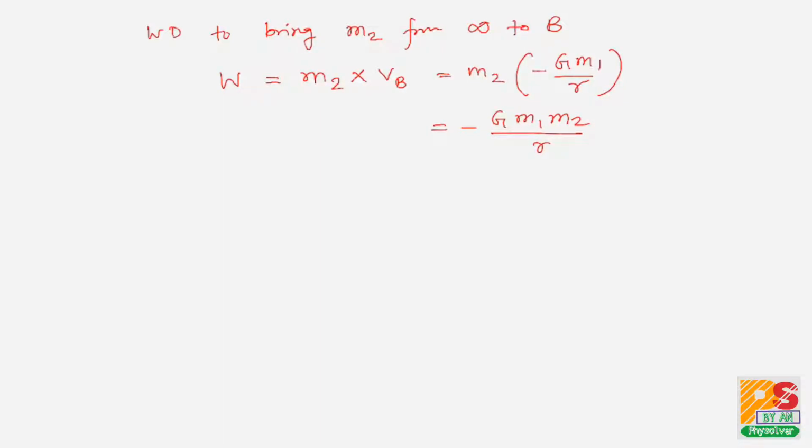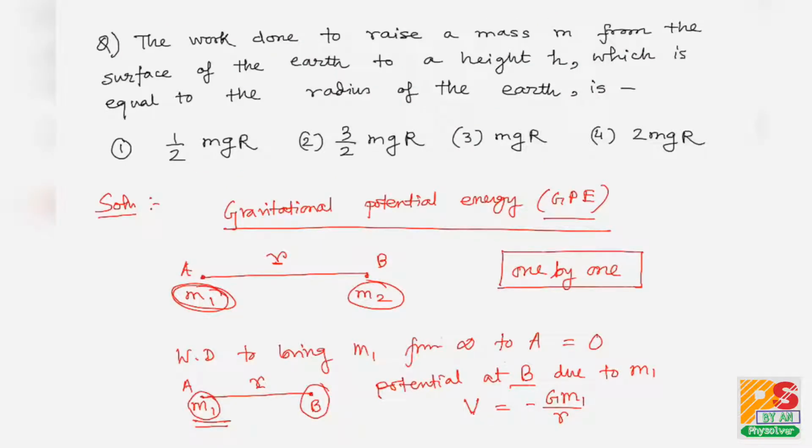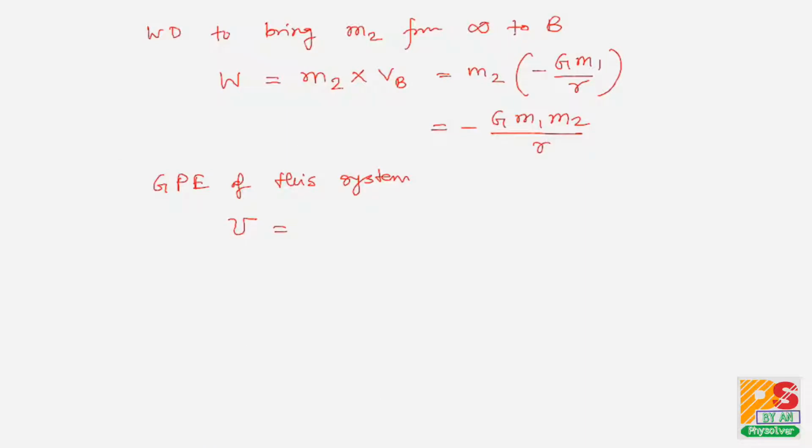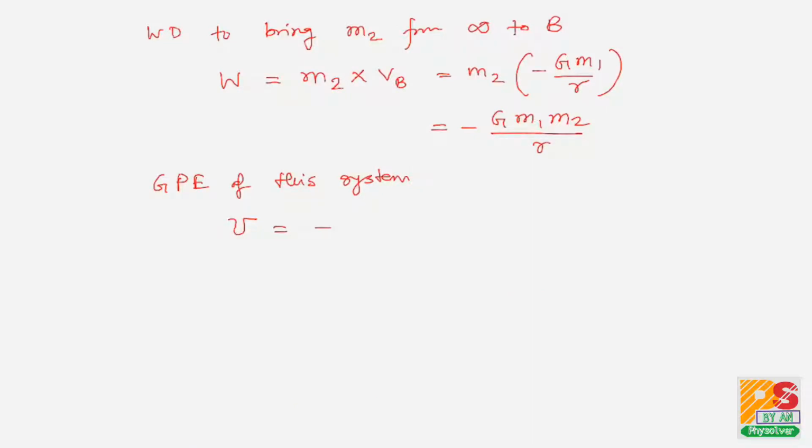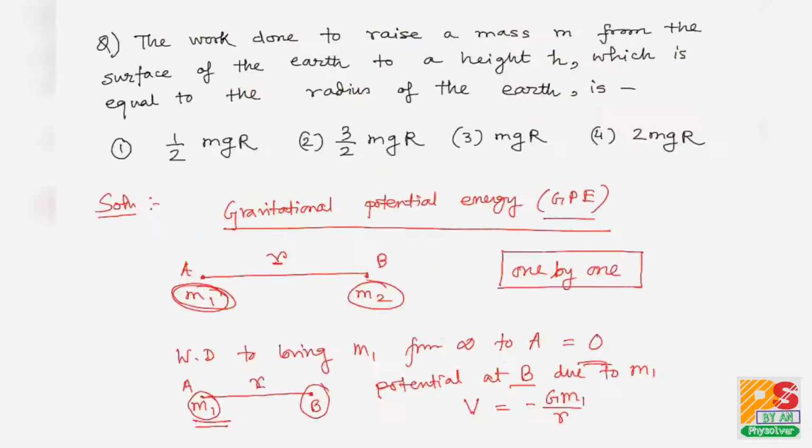Now from the definition of gravitational potential energy, the GPE of this system, I will denote it by U, is nothing but the total work done in assembling the system by bringing first m1 then m2. Since the first work done is 0, the GPE of the system will be minus G m1 m2 divided by r. Remember, this formula will be useful to solve this question.